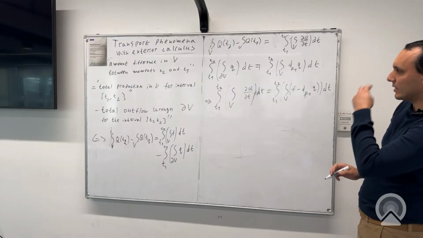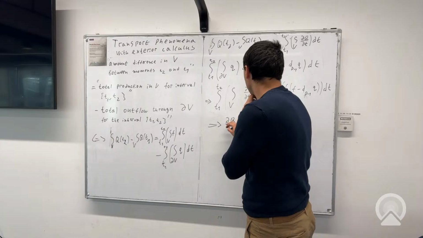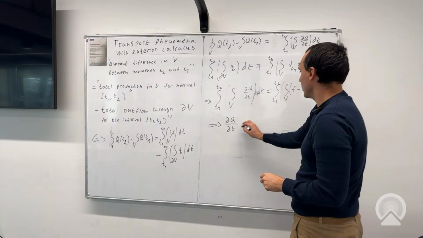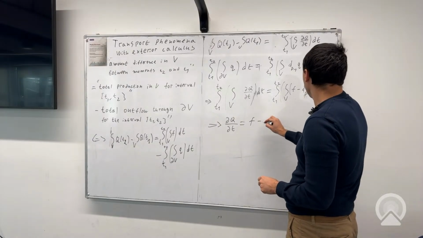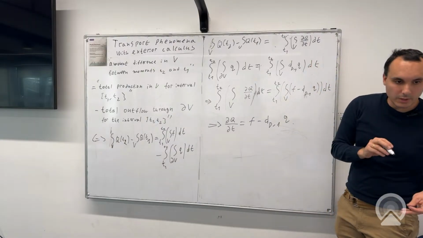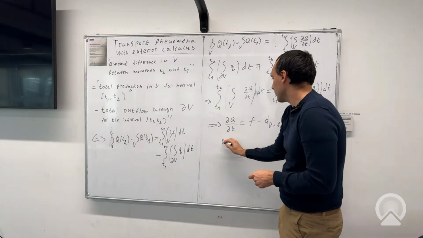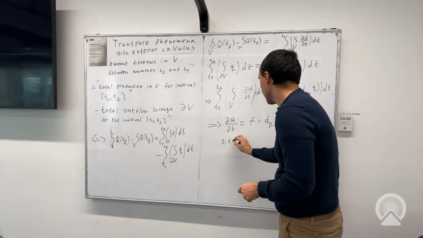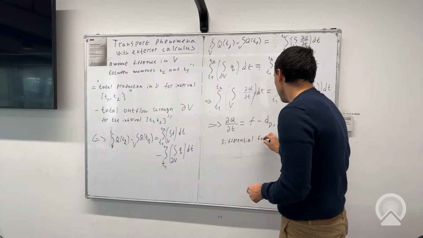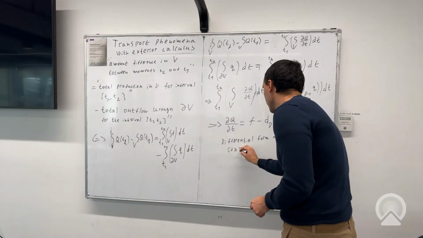And we can remove the integrals. And because this is true for all subvolumes and all intervals, this means that dQ/dt is F minus d of Q. Okay, let's make a break. So this is the differential form of the continuity law, of the conservation law.